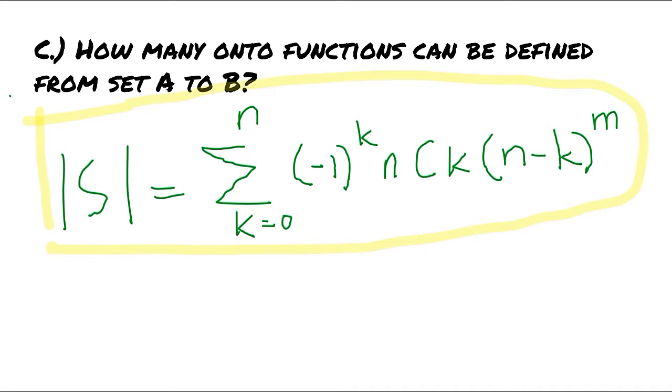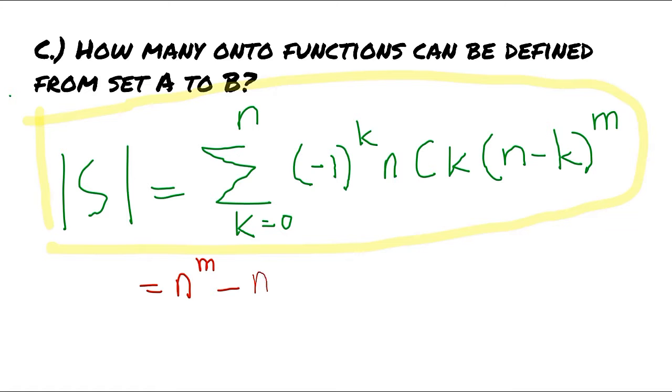When k is 0, we have (-1) raised to 0, n combination 0, and then n minus 0, so this will be n raised to m. For the next term, when k equals 1, it will be subtracted because k is an odd number, and (-1) raised to an odd number is negative.